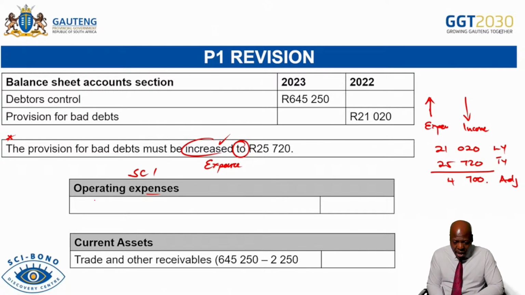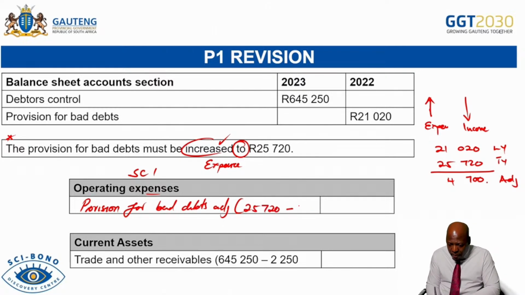So I'm going to come here on my expenses and I'm going to say provision for bad debts adjustment. All right. And then I'm going to say my 25,720 minus my 21,020. All right. And then I'm going to end up with my expense of 4,700.